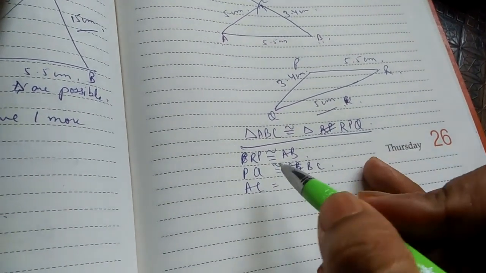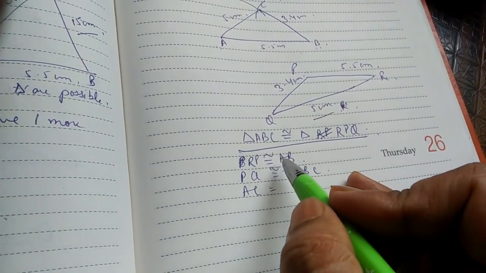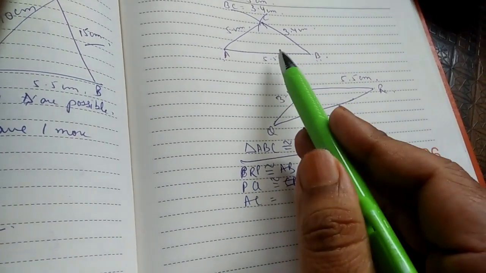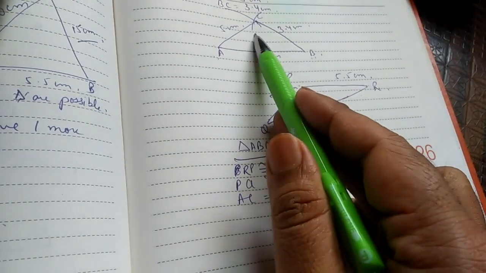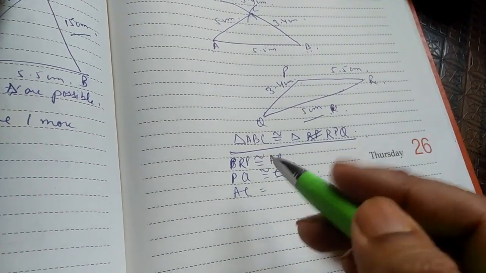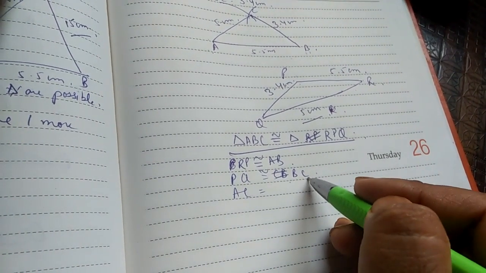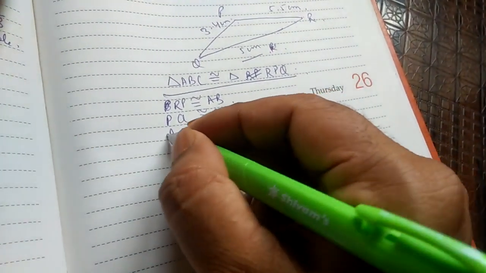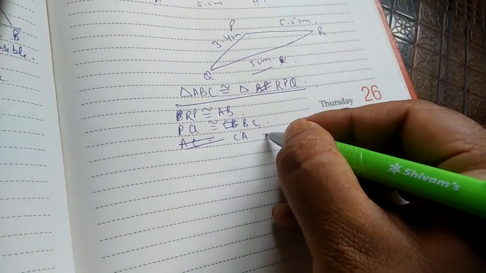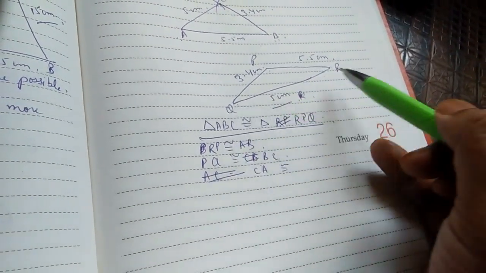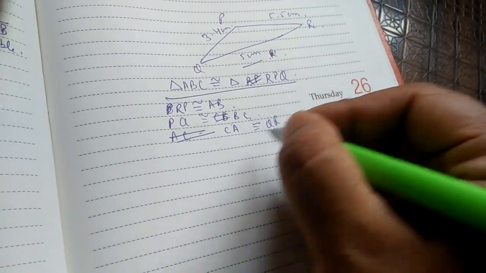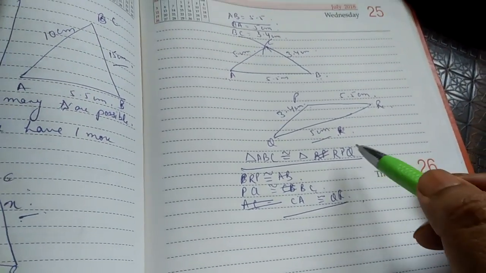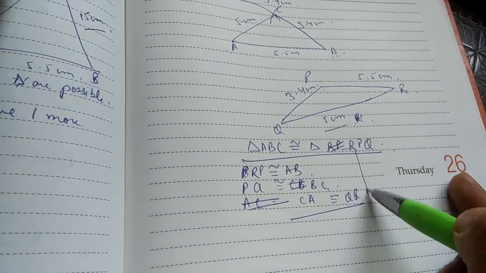RP is congruent to AB, BC is congruent to PQ, and CA is congruent to QR. Now this is the congruency of sides.